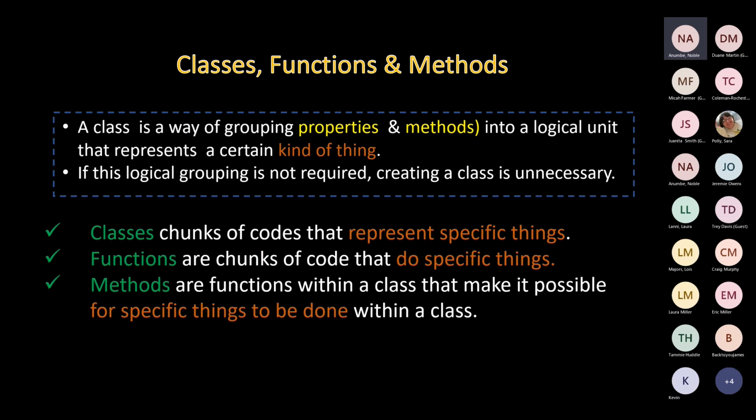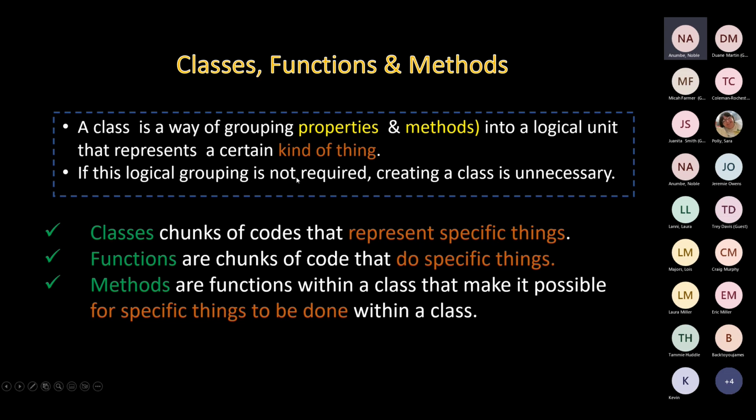So a class is a way of grouping properties and methods into a logical unit that represents a certain kind of thing, which is what I was mentioning before. You just use them to group the properties and methods so that they represent a thing. And you know what I mean when I say a thing, because I talked about the humans, the dogs, and all of that. It's just a category of things.